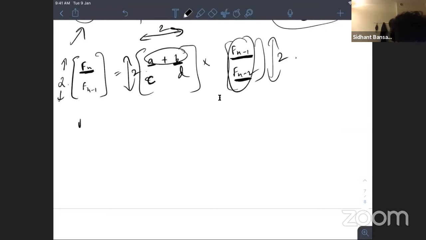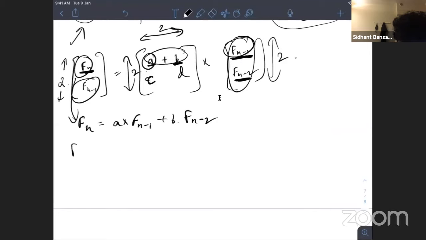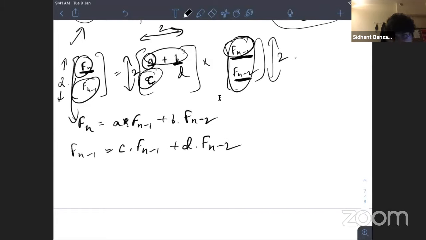So Fn is equal to A times Fn minus 1 plus B times Fn minus 2. Similarly, Fn minus 1 is C times Fn minus 1 plus D times Fn minus 2, right? Now just plug in the values of A and B that seem most reasonable to you.